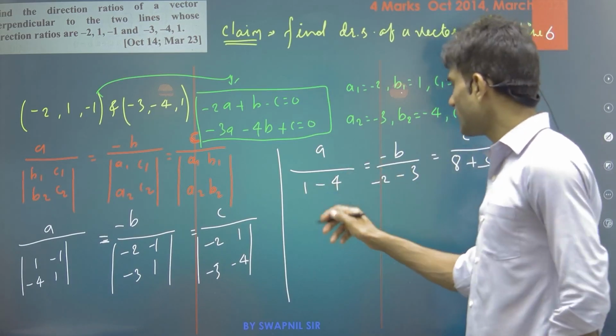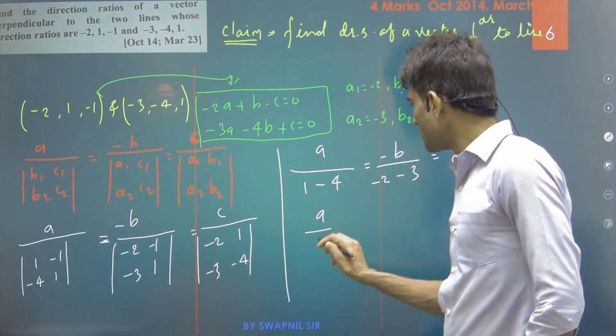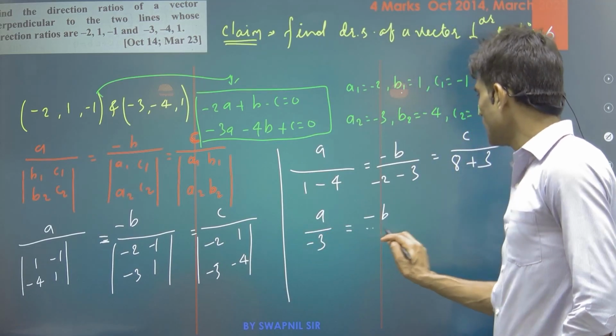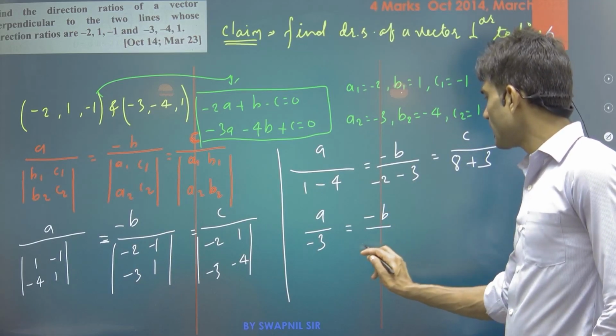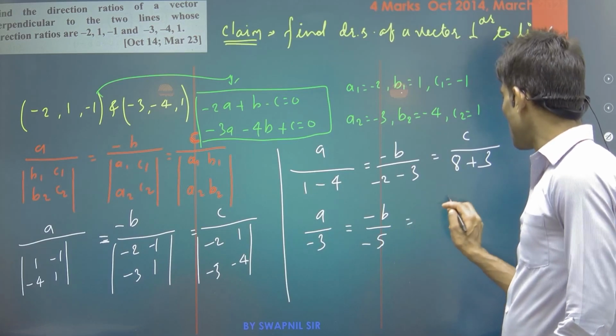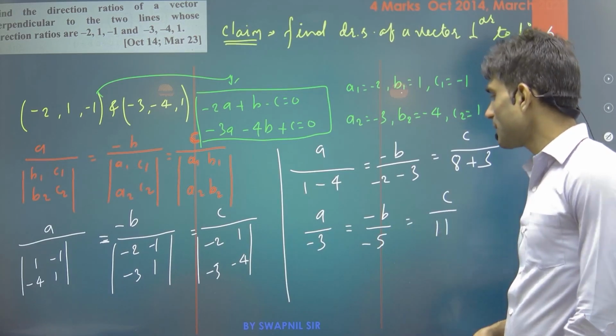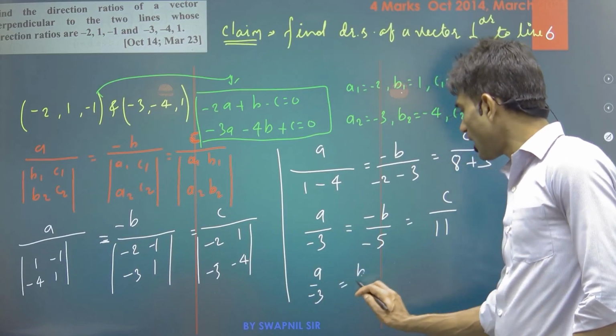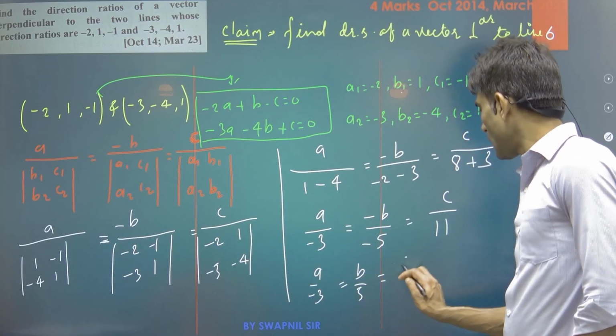So go for finding the next step. A upon 1 minus 4, so we can write a upon minus 3, which is equal to minus b upon minus 2 minus 3, we can take minus 5, and c upon 8 plus 3, which is 11. So we can write a upon minus 3, b upon 5, and c upon 11.